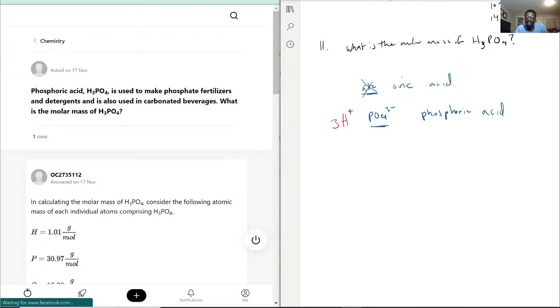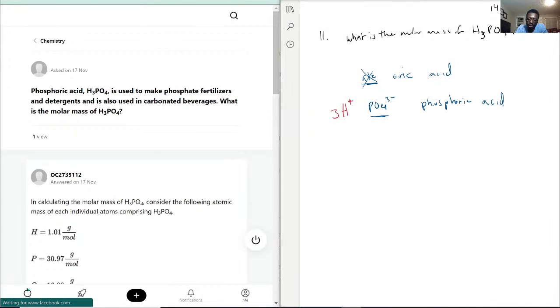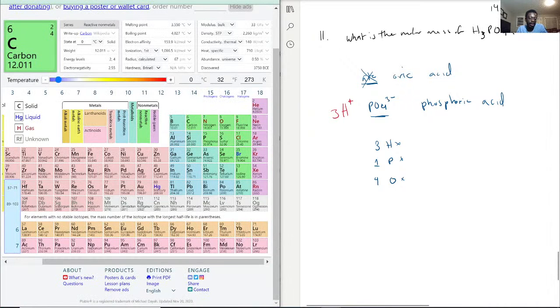So with that being said, now that we have that, we need to figure out the molar mass. So we need to just break it down as we've been doing. We have 3 hydrogen, 1 phosphorus, and 4 oxygen. And let's see here.